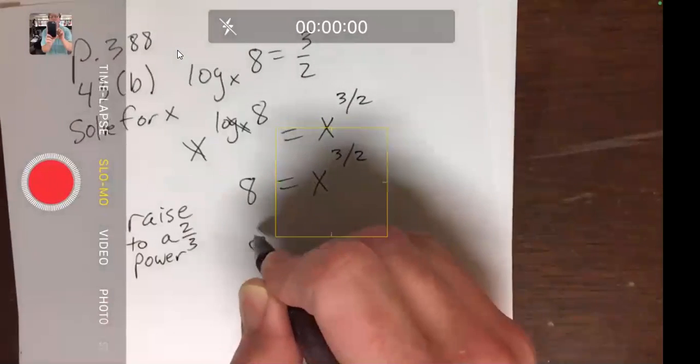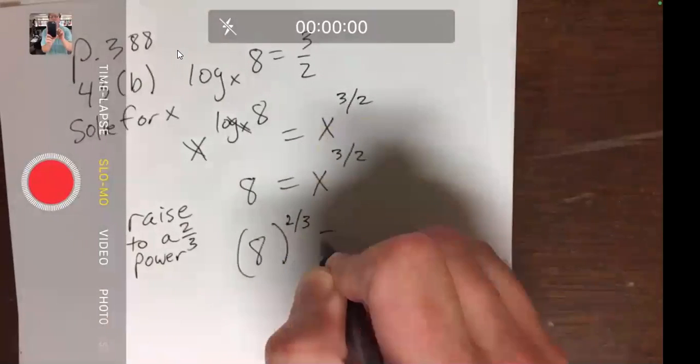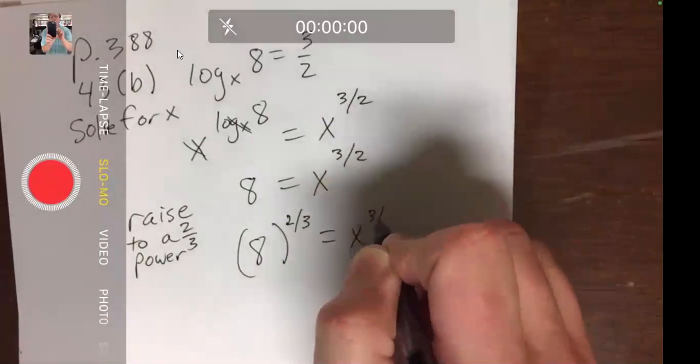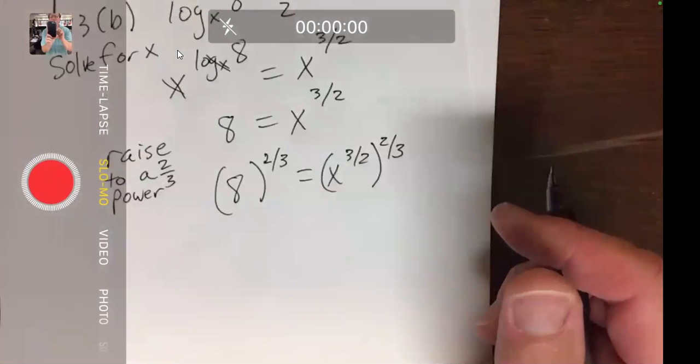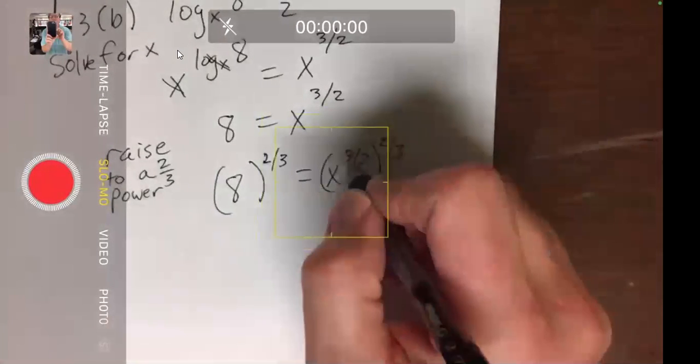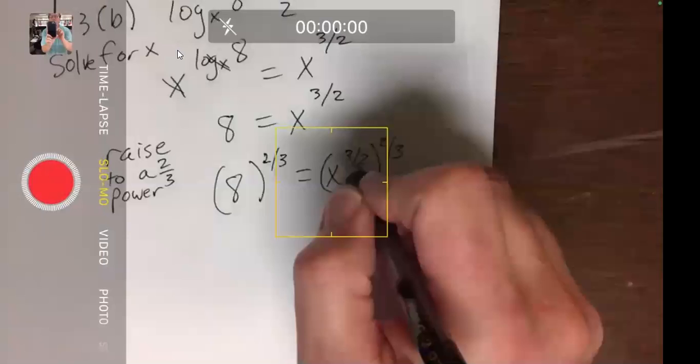So 8 raised to a 2/3 is equal to X to the 3/2 raised to the 2/3. These will undo each other, giving X. And so I've got to figure out what 8 raised to a 2/3 power is.